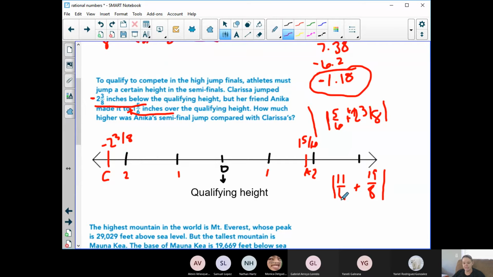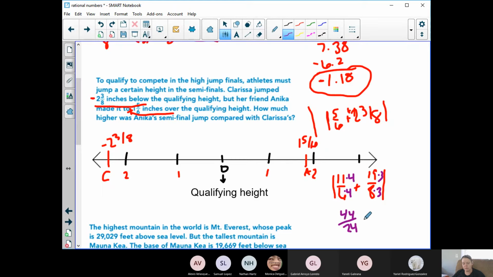So if I want to change 6ths to 24ths, what do I multiply by? 4. And if I want to change 8ths to 24ths, I multiply by 3.